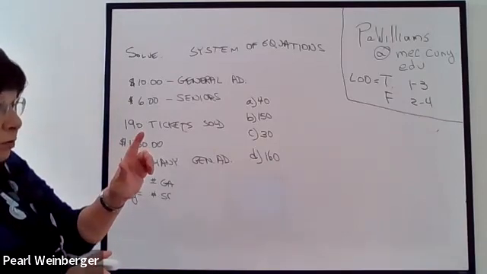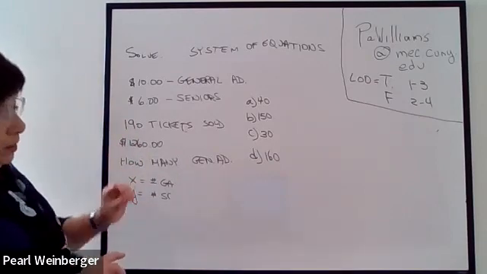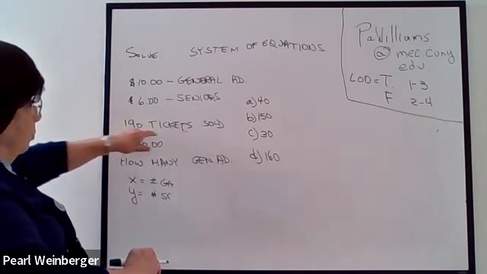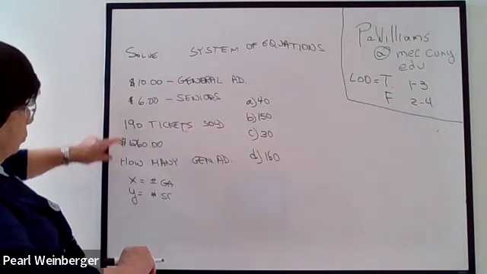The X is how many general admission tickets there are, and the Y is how many senior tickets were sold.